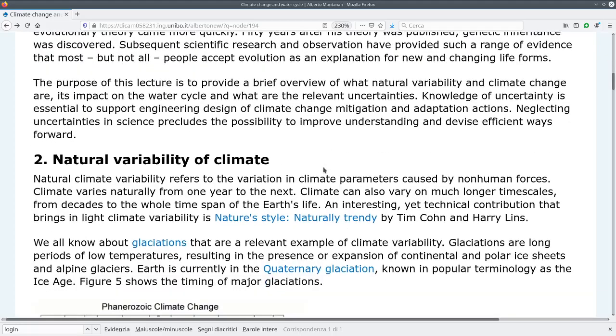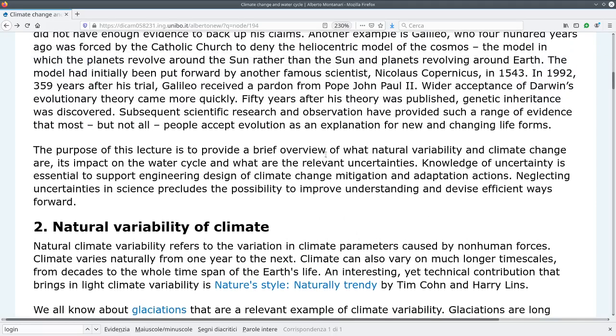Okay, so how can we assess uncertainty of climate prediction? There are several different approaches. And usually engineers look at the data. So they try basically to adopt the approach that I explained to you for calibrating hydrological models.